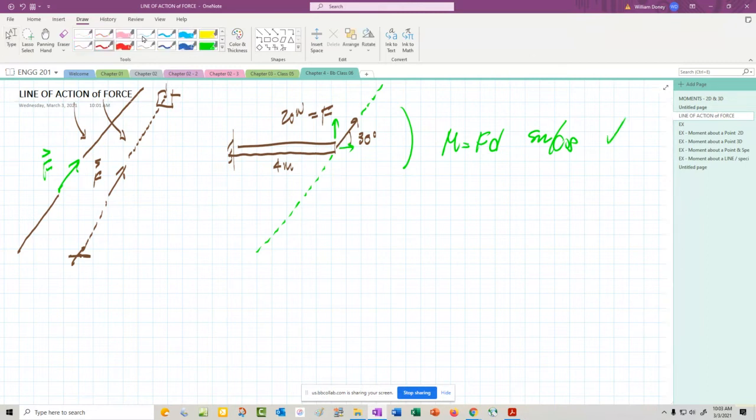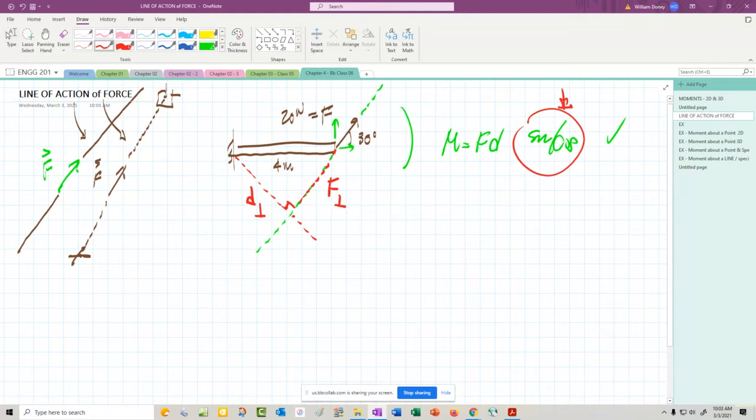The other way is to look at this extension here, and instead of getting the perpendicular using sine and cosine, if we just extend that line until we find the perpendicular distance, that becomes the force perpendicular. If we extend that line, if that's 4 meters, there's that.